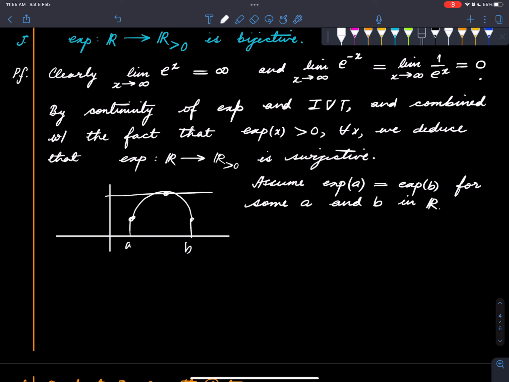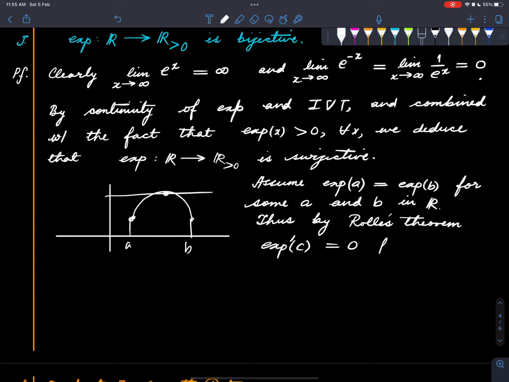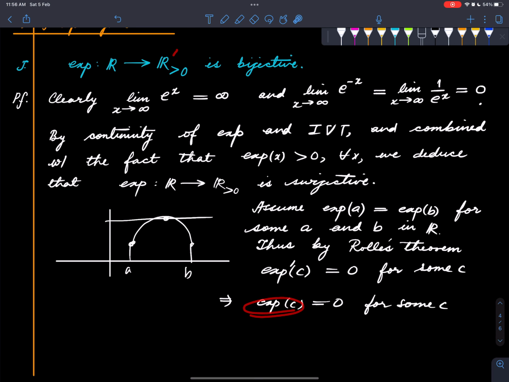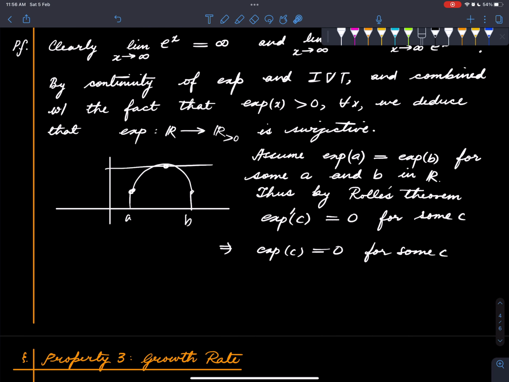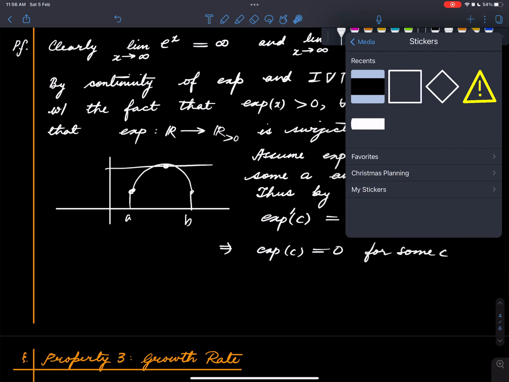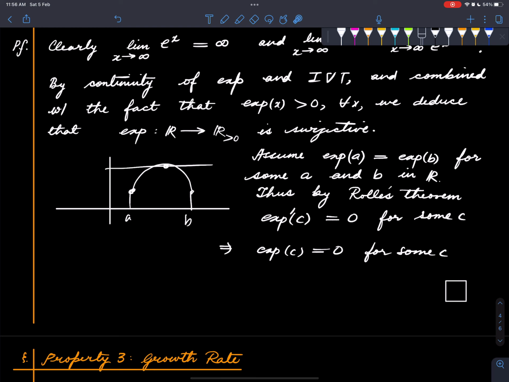Thus by Rolle's theorem, exp'(c) equals 0 for some c strictly between a and b, which implies exp(c) is 0 for some c. But that is a contradiction because we already know that this never vanishes. The image of exp is contained in the positive reals, which we showed in the previous slide, so this is a contradiction, and therefore we are done. I won't be writing that, but the injectivity follows basically by Rolle's theorem.